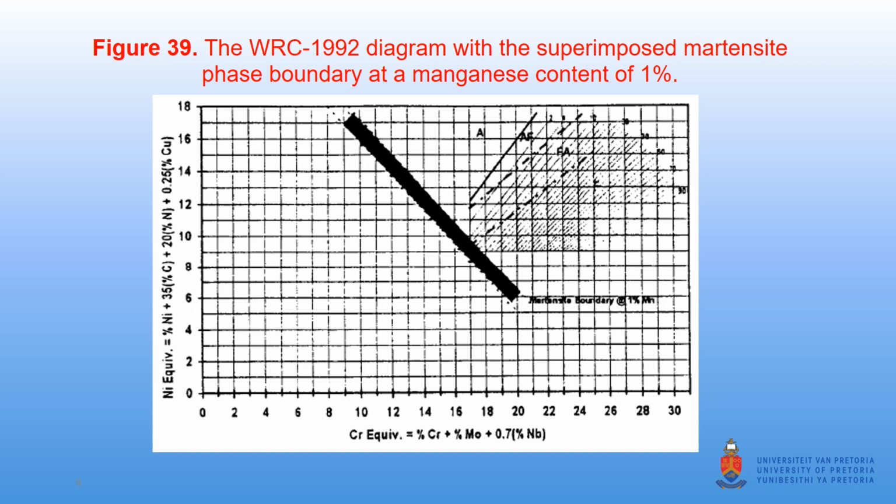Figure 39 shows the WRC diagram with superimposed martensite phase boundary. Below the thick dark line on the diagram, samples showed a magnetic response related to the presence of martensite. Above the line, no martensite was detected in the welds.